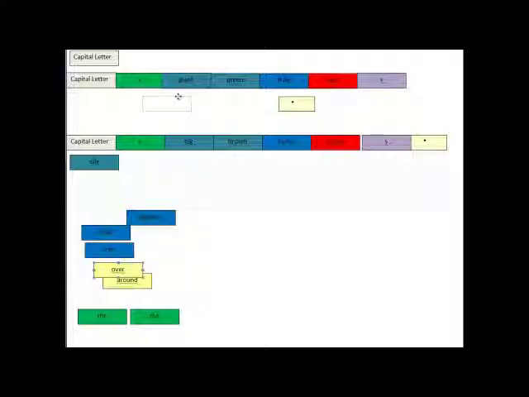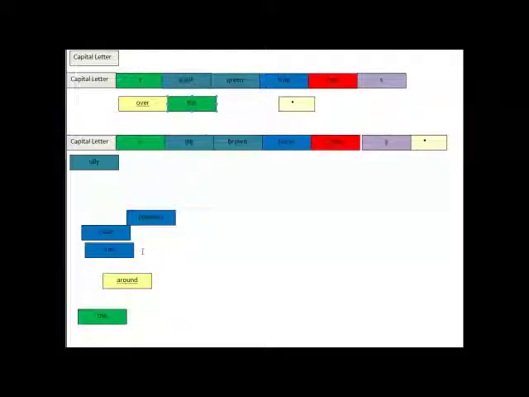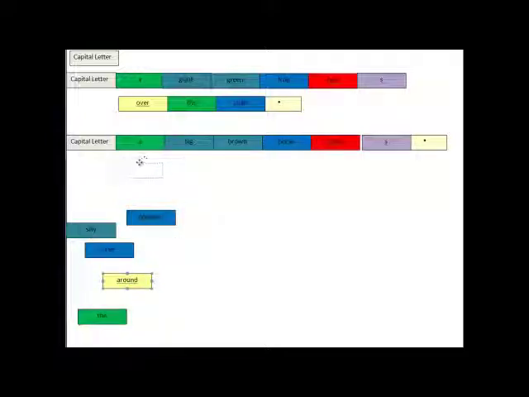A giant green frog hops over, and now he has to hop over something. We can use chair, popcorn, or tree. I think it would be hard for a frog to jump over a tree, but he's a giant frog, so he could jump over a chair. Similarly with the horse, we add a preposition, and we have a big brown horse jumps around the tree.